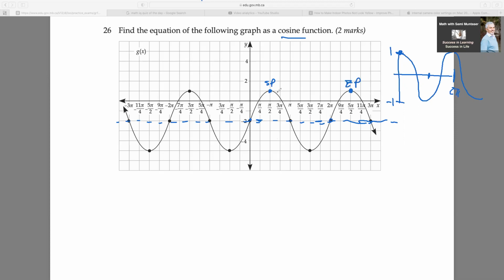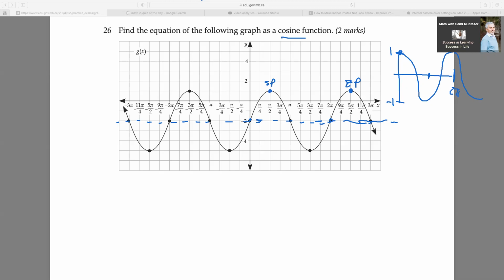Now, you could either go 5 pi over 2 minus pi over 2, which gives you 2 pi, or just cheat and say this wave starts right here and finishes right here, so the period is 2 pi for the sine. Don't think the period is going to change for the cosine, because this wave has a constant period the whole time. It doesn't change. So you could cheat sometimes, find where it meets the y-axis and where it stops.